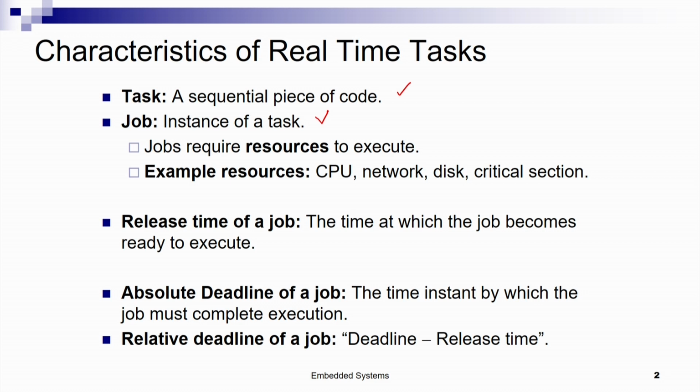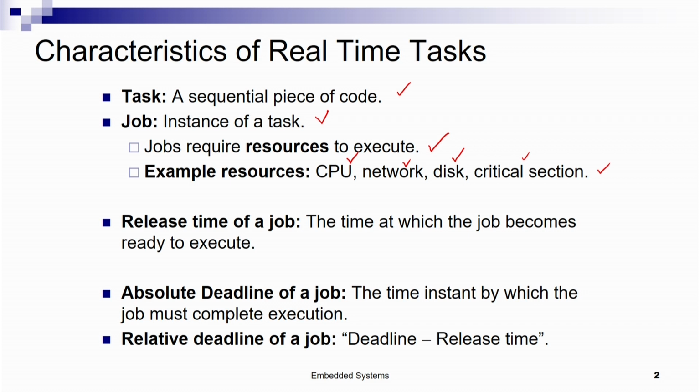Jobs require resources to execute. For example, jobs will require the CPU, or the processor, to execute the instructions in the job. It may require the network to pass messages to other components in the system. It may require disks, critical sections, etc. So, jobs require resources to execute and they have a distinct release time.